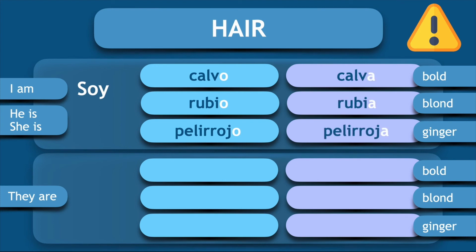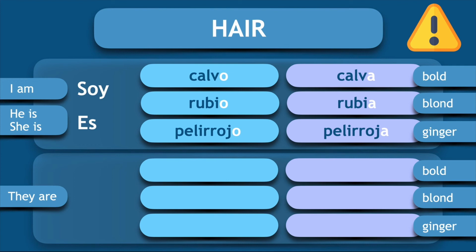For él or usted. Es calvo. Es rubio. Es pelirrojo. For ella or usted. Es calva. Es rubia. Es pelirroja. Just bear in mind that with calva for female, it's quite possible that we use the verb estar rather than ser.